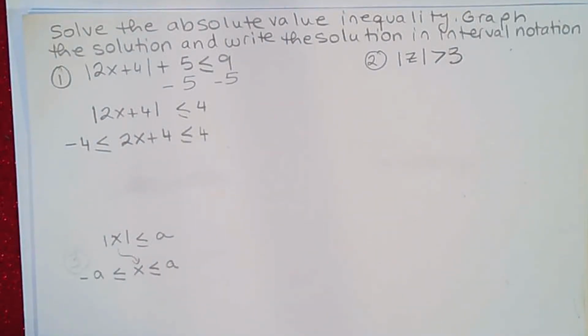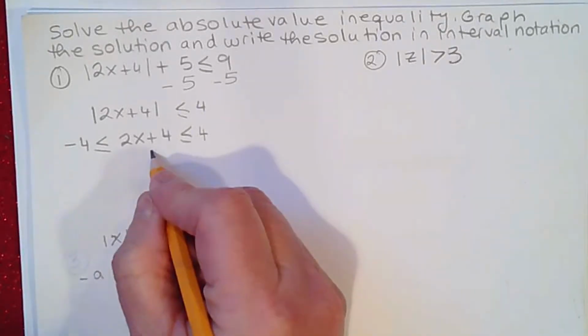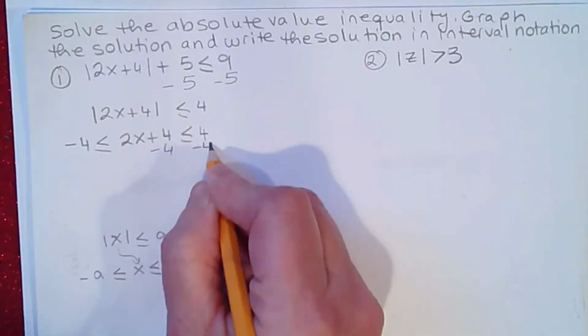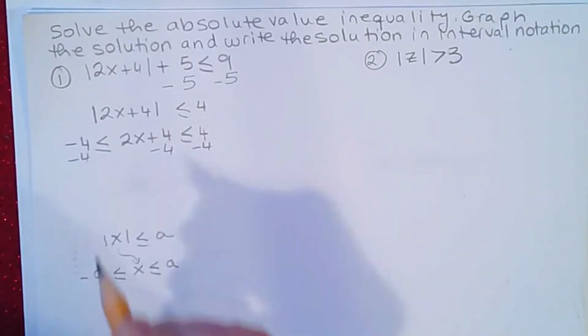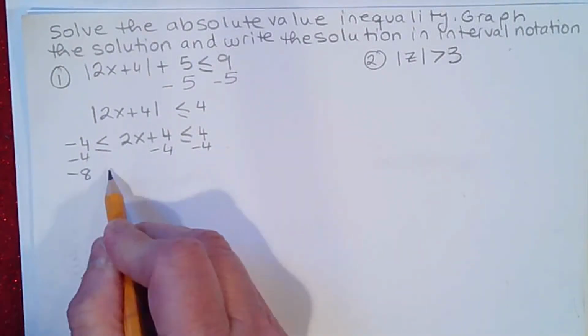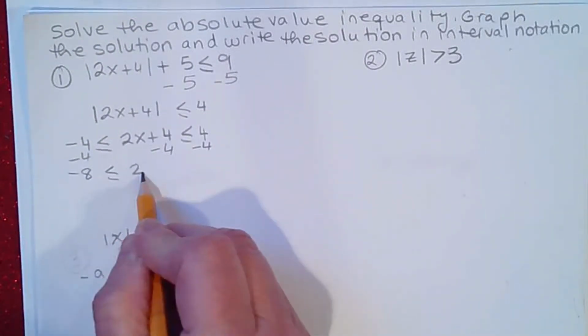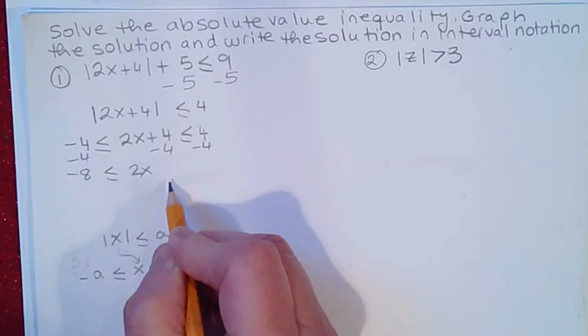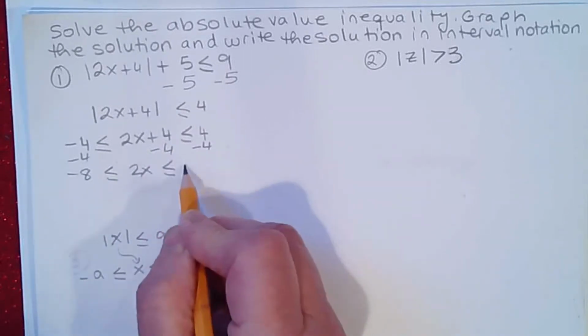So solving this, I need to subtract 4 on all 3 sides. So I subtract 4 here, and 4 here. So that would give us negative 8 less than or equal to 2x. This cancels, less than or equal to 4 minus 4, that's 0.